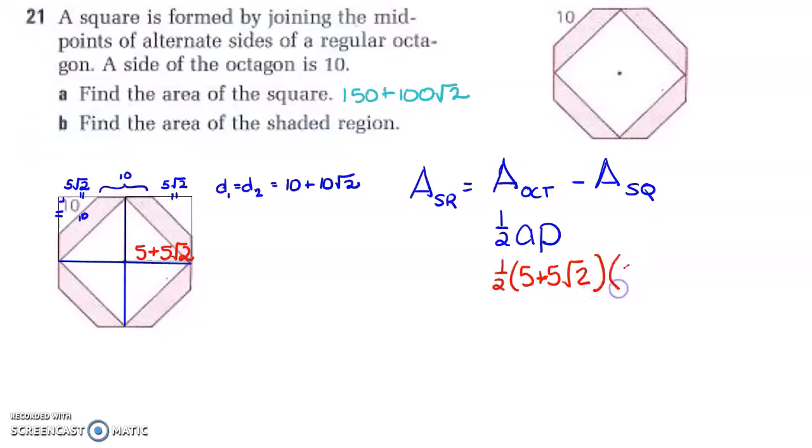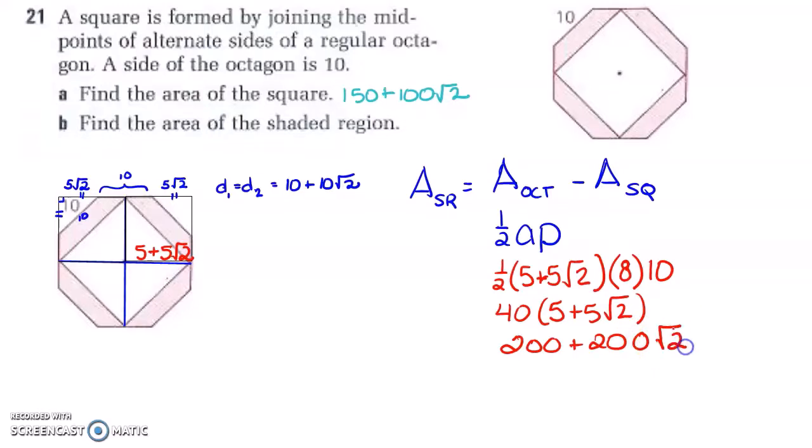And then the perimeter, we have 8 sides, and each of those sides is 10. So 1/2 of 80 is 40 times 5 plus 5 square root 2. Distribute. Oops, forgot a 0.